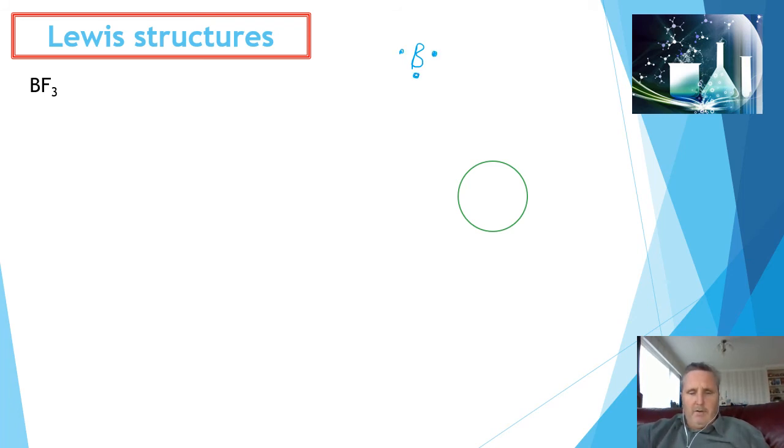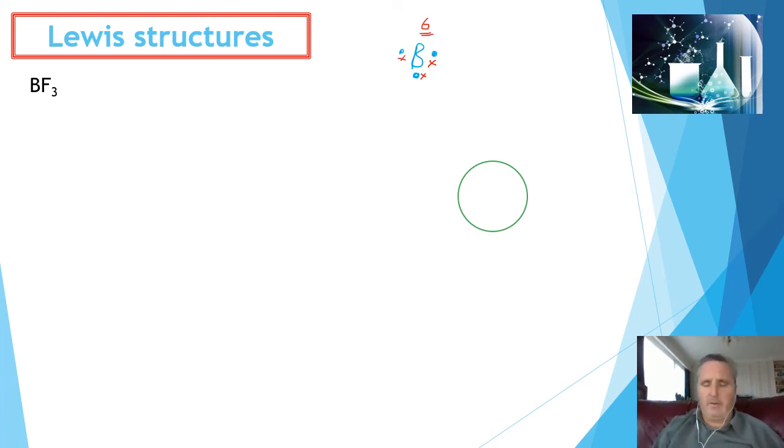Now, if boron is going to go and form bonds with other atoms, at most it can only share 1, 2, 3 pairs. It can't share in this 4th spot because it has nothing in it. Now, what that means is boron, once it has its full allotment of electrons, only has 6 electrons around it. So boron, when we put it in a central atom position, is only going to have 6 electrons around it.